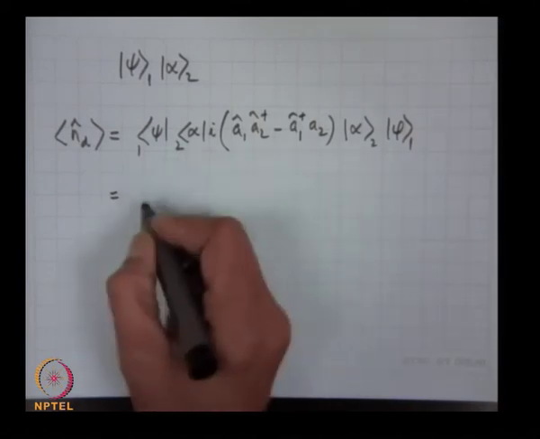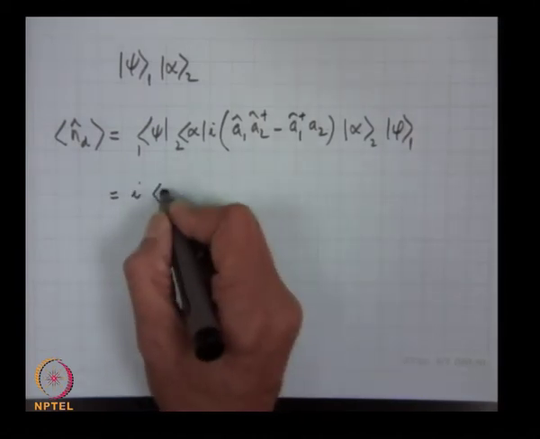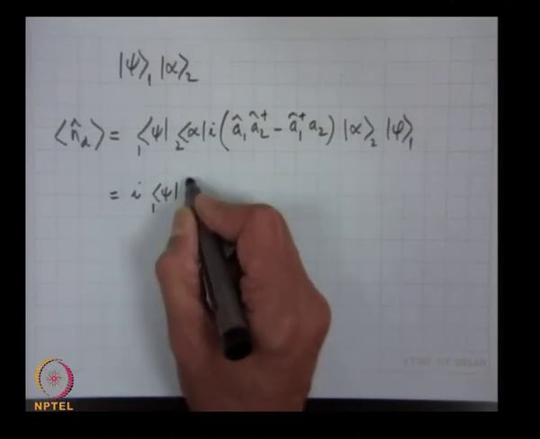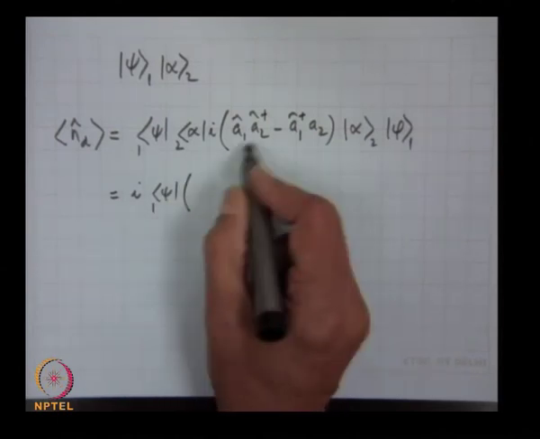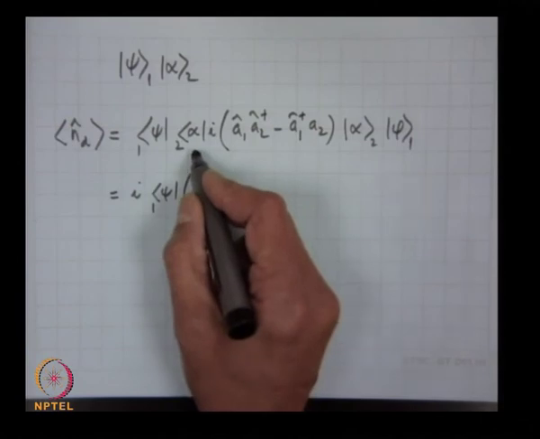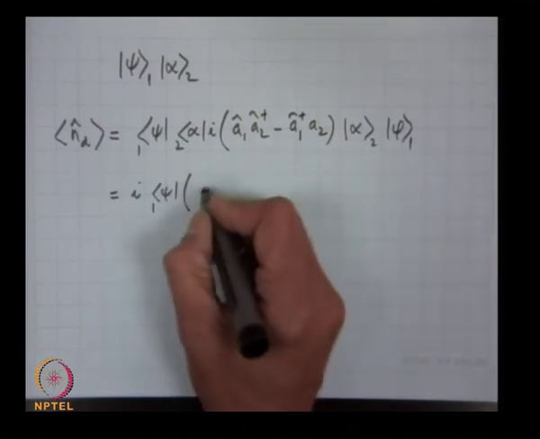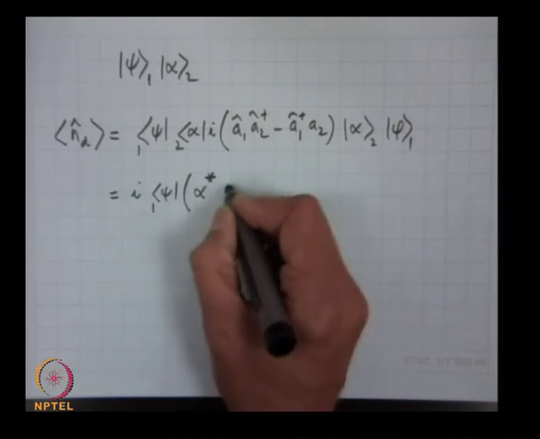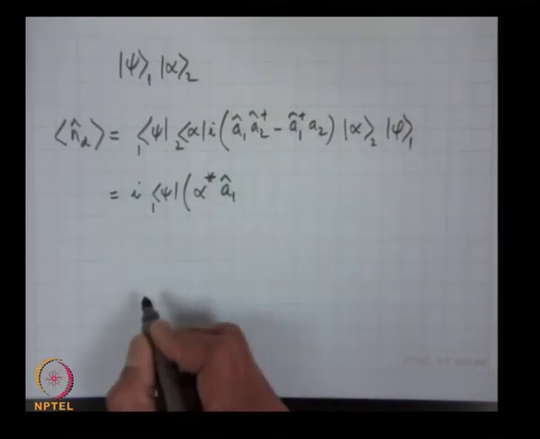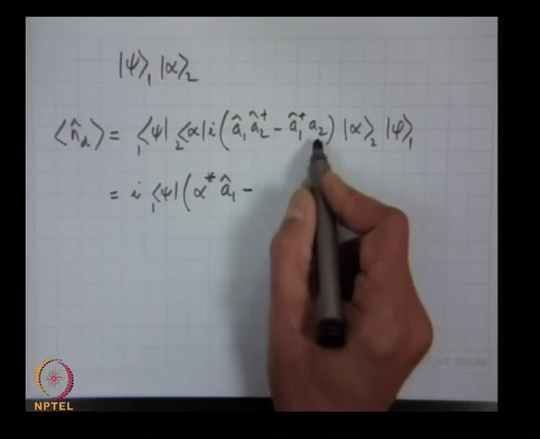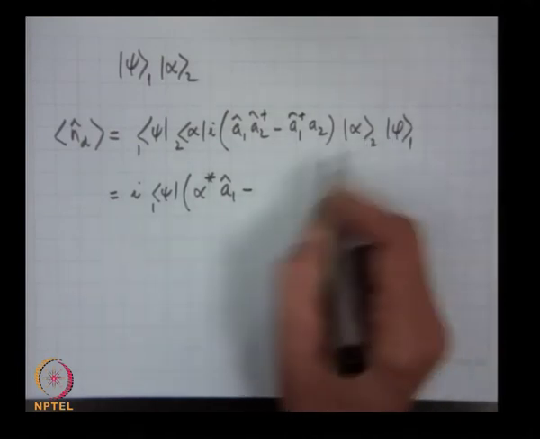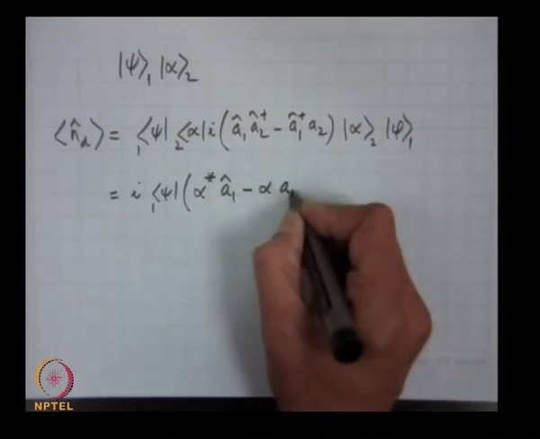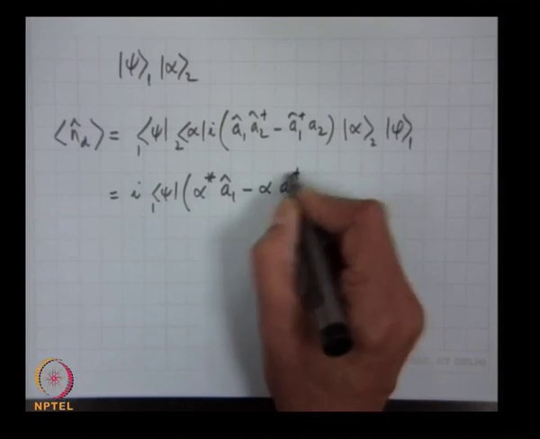Now what is A2 dagger on alpha bra? Alpha star into A1 minus A2 on alpha, alpha A1 dagger.